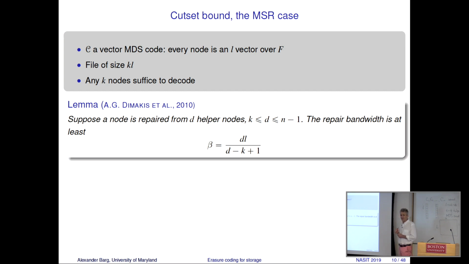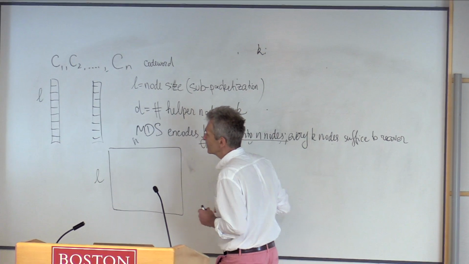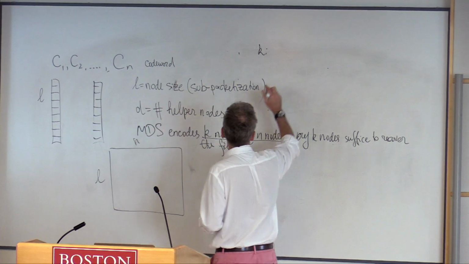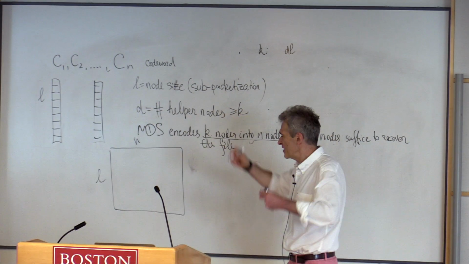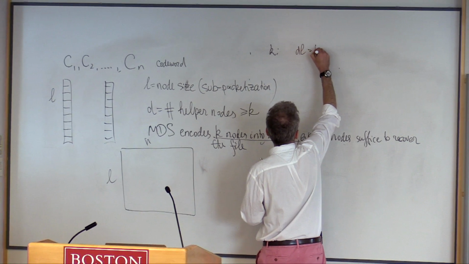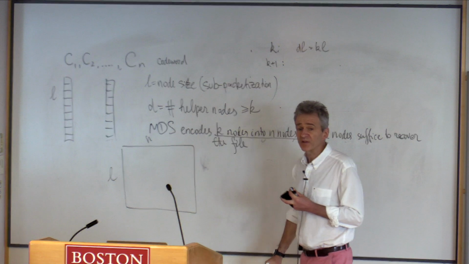We will give a proof momentarily. But before doing so, let us consider this expression. Let us say that we look at k nodes. The code is MDS, k gives us everything. Then we have dL divided by k minus k plus 1, so the number of downloaded symbols is kL, because d is k. Not surprising. But let us say we are allowed to contact k plus 1 coordinates.